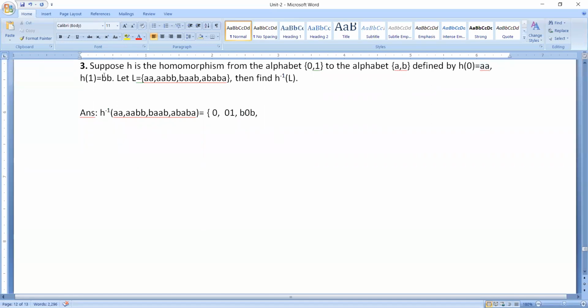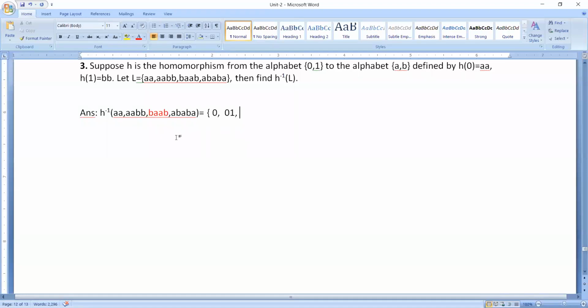We have a homomorphic value for a double B string, as we have two B's available, but these two B's appear individually, not in a sequence. As they are not available in sequence, it is not possible for us to find the inverse homomorphic value for this string. So we are not going to include it in our inverse homomorphic value.